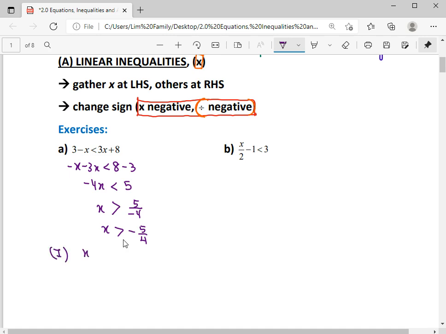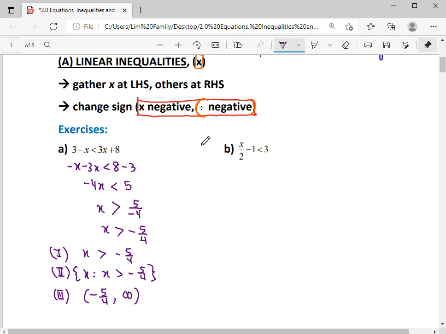In inequality form, we can write it as x greater than -5/4, or in set notation we use the curly bracket, or we write it in interval form. Interval form will be an open bracket, not included, going to infinity.